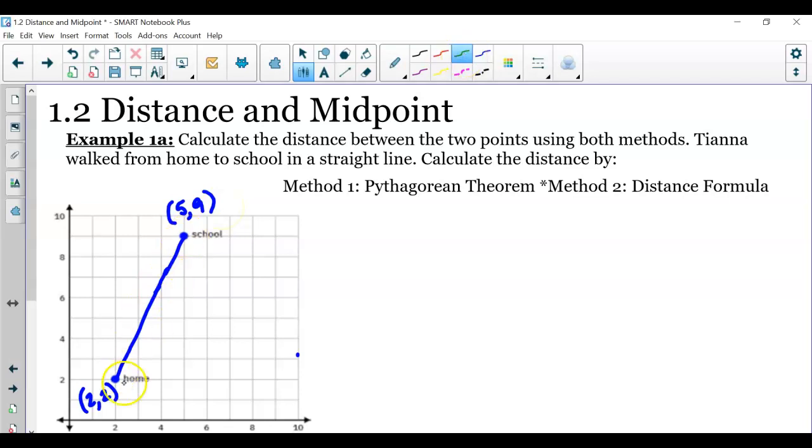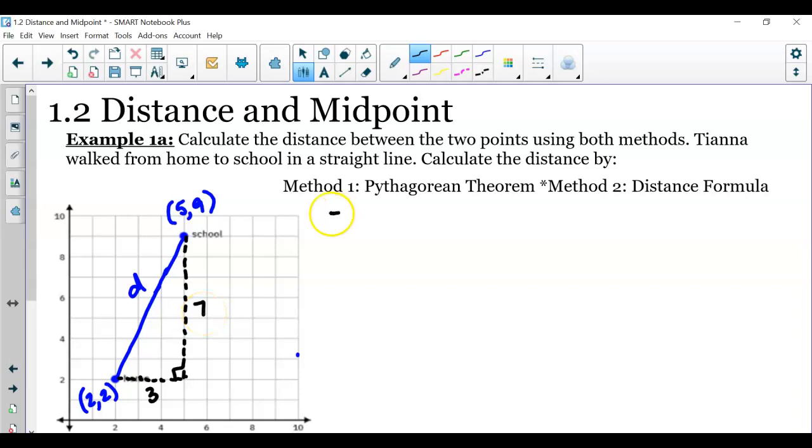We're looking for the distance between these 2 points. I'll put D there. But again, we can use Pythagorean theorem by connecting those 2 points like a slope. We're creating that right triangle and then counting. So 1, 2, 3. And then our distance here is 7.